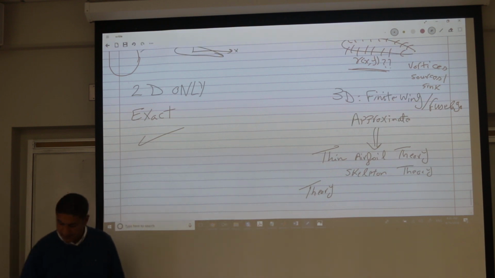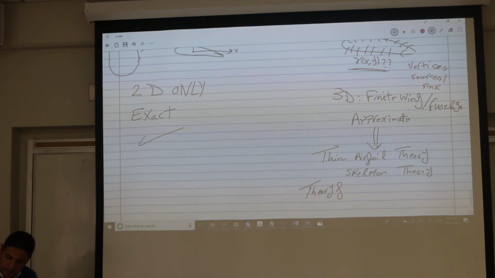Lifting vortex sheet. This is our next topic. So this is Prandtl. It's Prandtl and his students. These are students of Prandtl.